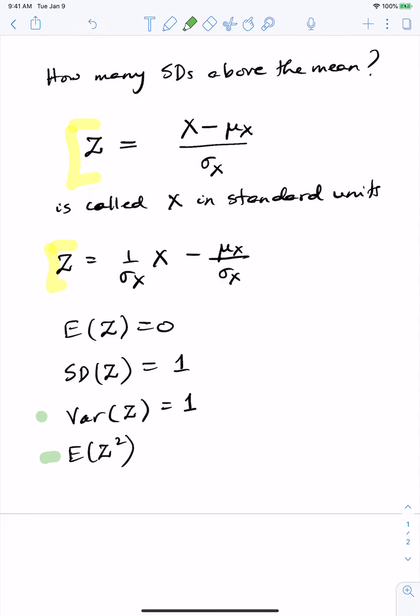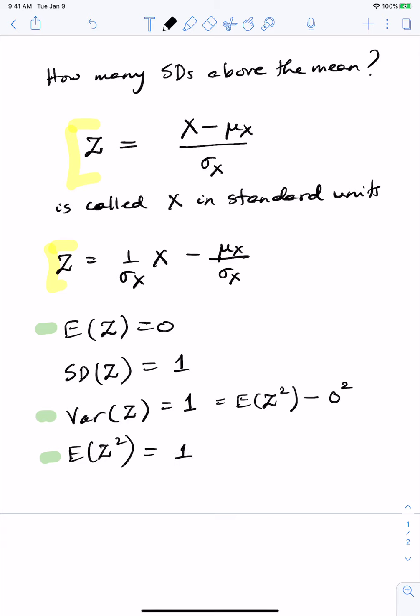For any random variable, the variance is the expected square minus the square of the expectation. So 1 is equal to the expectation of Z squared minus the square of the expectation. And so, yep, the expectation of Z squared is 1 as well.